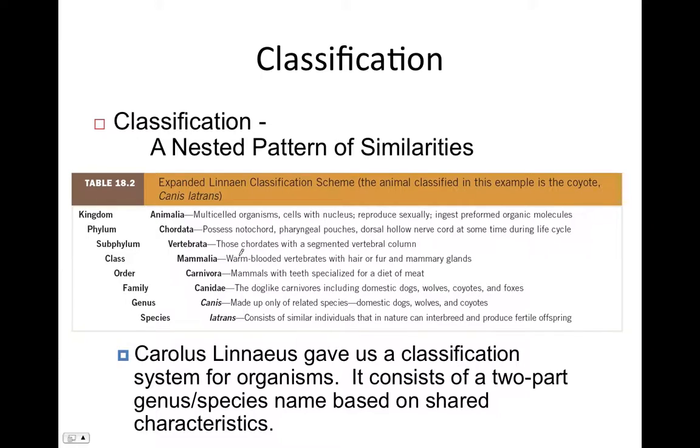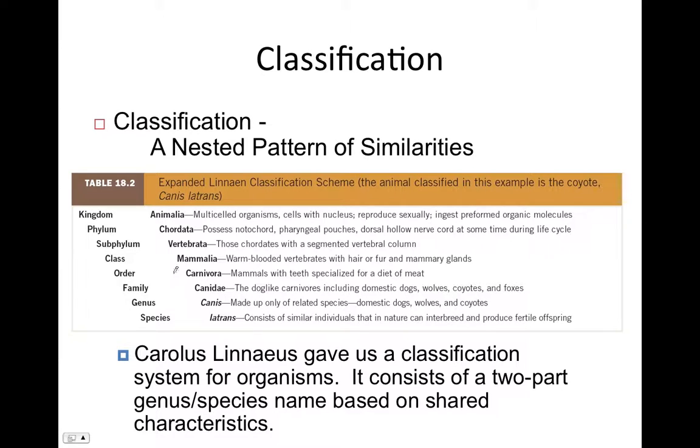This is all mammals with teeth specialized for a diet of meat. We are not in this order. So this tells us that our evolutionary ancestor with coyotes was some mammal, not just any vertebrate or any animal, because this is where our classification deviates from that of a coyote.